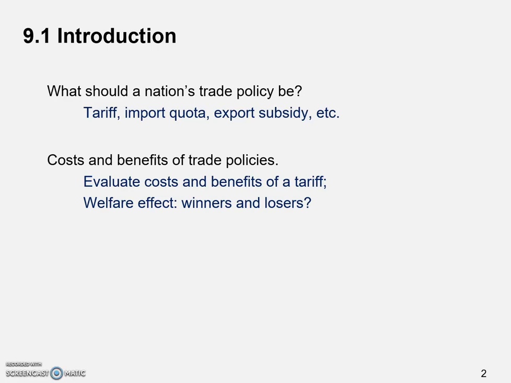We said that over a period of two or three decades, the U.S. government spent billions and billions of dollars on agricultural subsidies, right? So in this chapter, we're going to have a more in-depth discussion, focusing primarily on tariffs, import quotas and export subsidies.